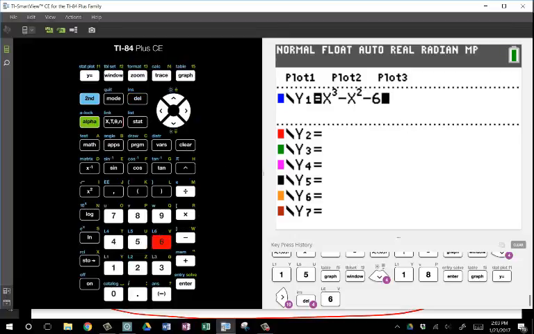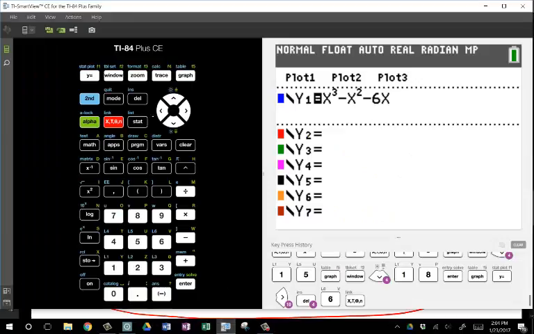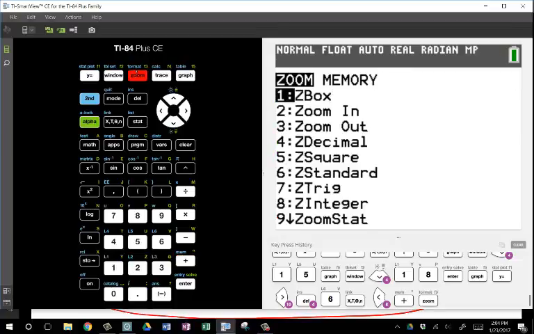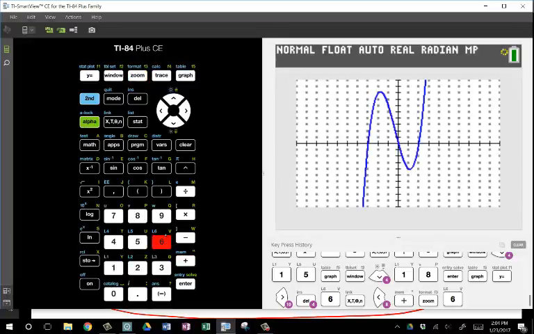I want to make sure that's the right one: x cubed plus x squared minus 6x. Okay, there we have it. I'm going to go back to my window, Mr. Donasso, and change my window back to a standard view, just so I can be consistent in what I'm looking at. And it fits on my standard window.